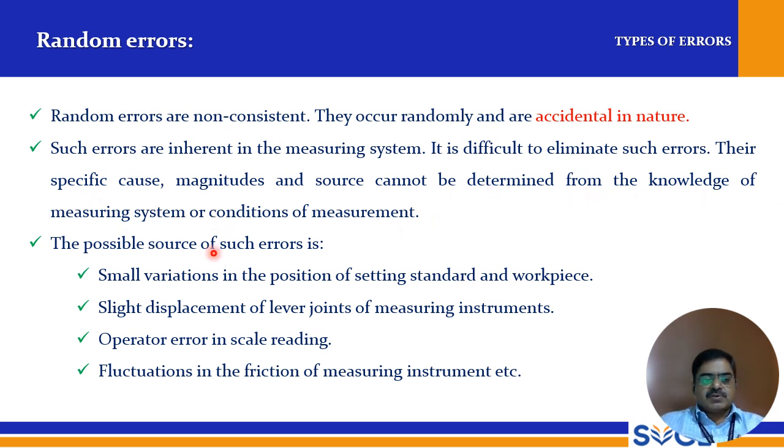The possible sources of such error are small variations in the position of setting standard and workpiece, slight displacement of lever joints of measuring instruments, operator error in scale reading, fluctuations in the friction of measuring instrument, etc. These are all the sources for these random errors. So this is accidental in nature, so we cannot avoid this type of errors in routine measurements.